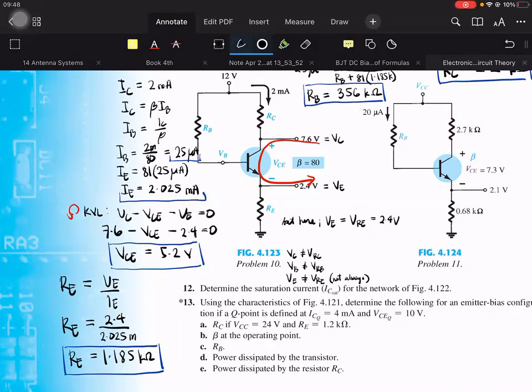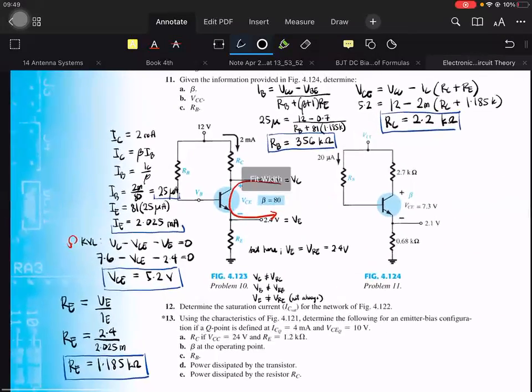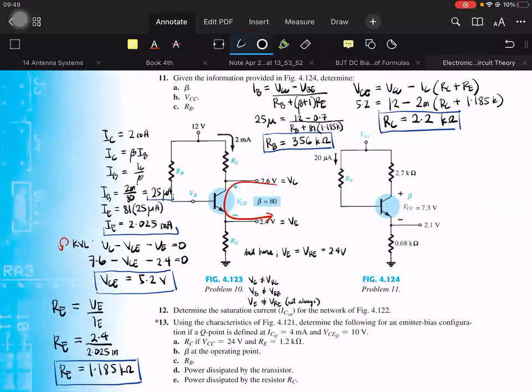It's still KVL and Ohm's law, plus the usual formulas for IC, IE, IB. So everything is laid out completely: the needed tools and procedures. Okay. If there are no more questions, I'll end the recording here.